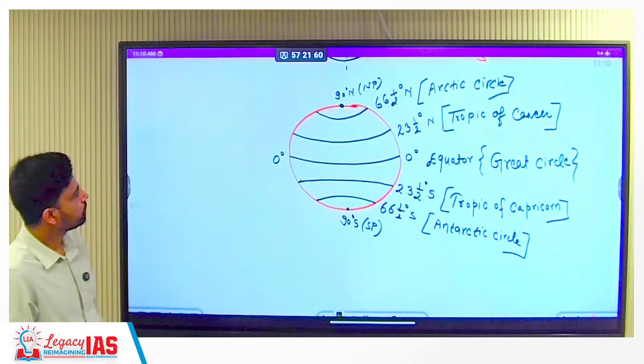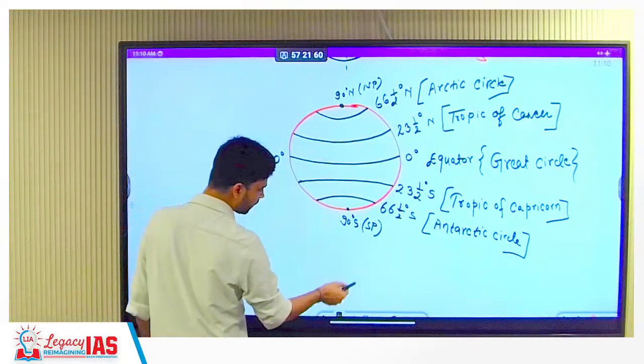Done? Clear? So that is the overall picture of the poles and these important latitudes.